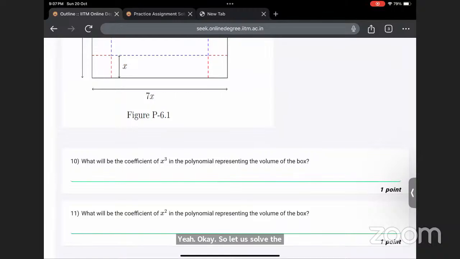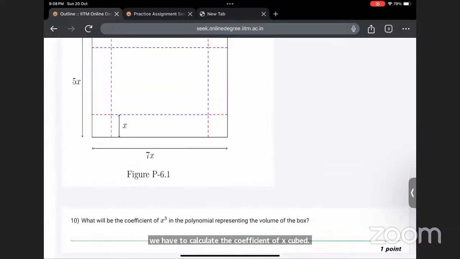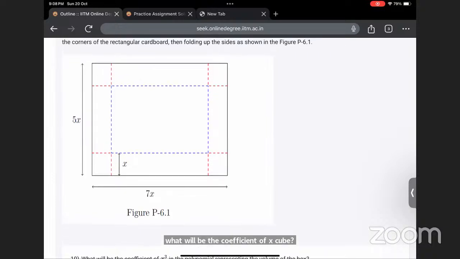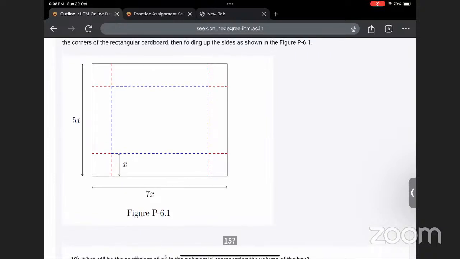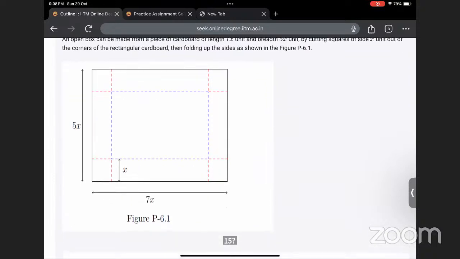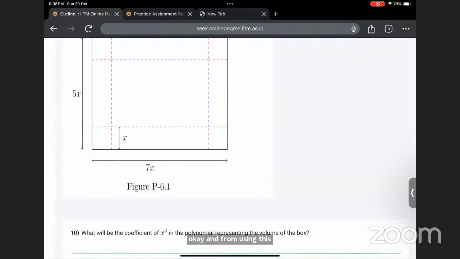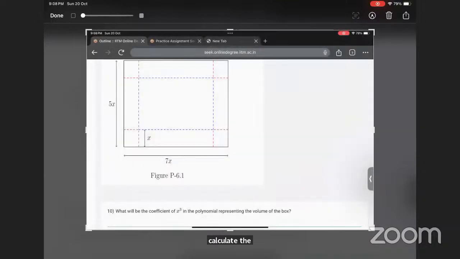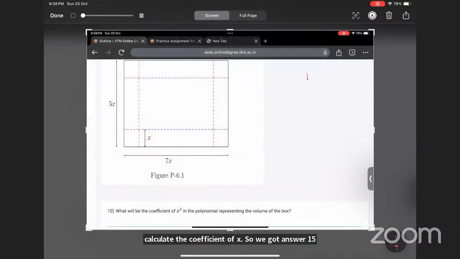What will be the value for the 10th question? We have to calculate the coefficient of x cube. What will be the coefficient of x cube? Ma'am, can you please repeat the question? This is the picture, okay? And using this, you have to calculate the coefficient of x cube. So we got our answer 15. Is everybody agreed with this?